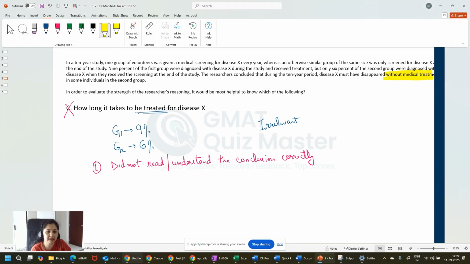So the conclusion is not even about treatment. We are talking about it disappearing without any medical treatment. So if you did not notice that when you were reading the passage, it is very possible to think that choice C can be correct.